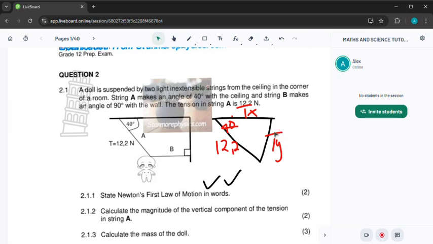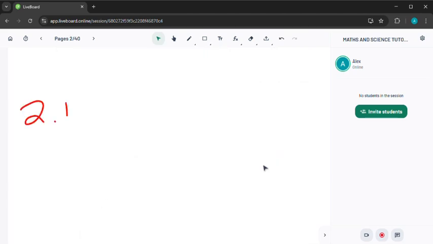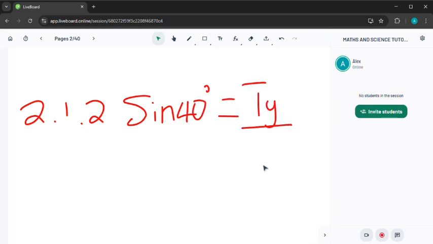Ty is the opposite side because it's opposite to 40 degrees, and 12,2 is our hypotenuse because it is the longest side. So which trig ratio can we use? Opposite over hypotenuse, definitely that is sine. So sine of 40 degrees is equal to opposite, which is Ty, over hypotenuse, which is 12,2.